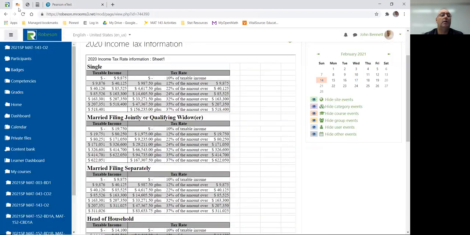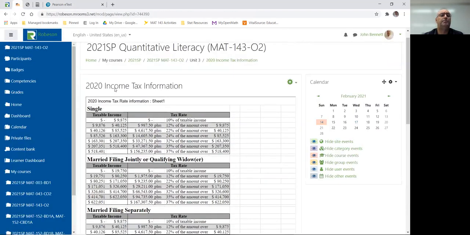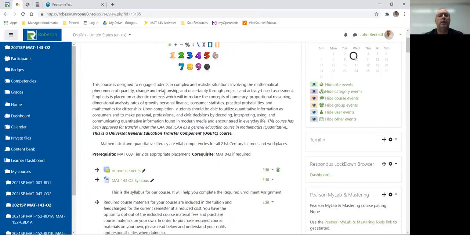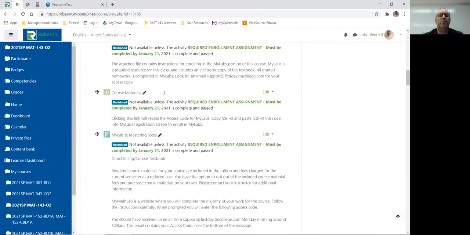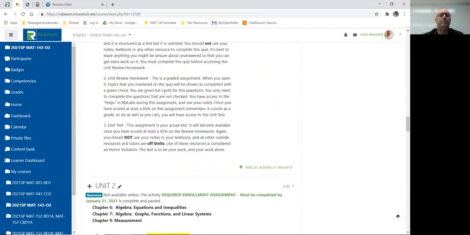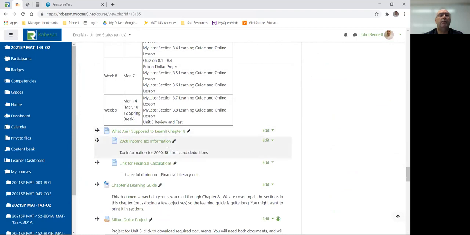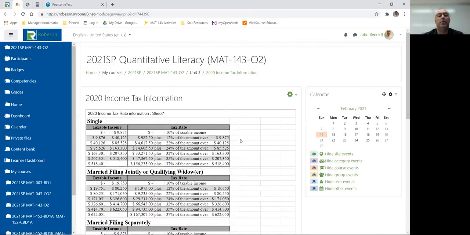To get to the chart that I provided you in Moodle, you just need to log into your Moodle page, into our course, scroll down to Unit 3. Right below the table of assignments, Unit 3, you'll see the 2020 income tax information. So you click that link, and it opens up a spreadsheet that has a table for each individual different filing status.